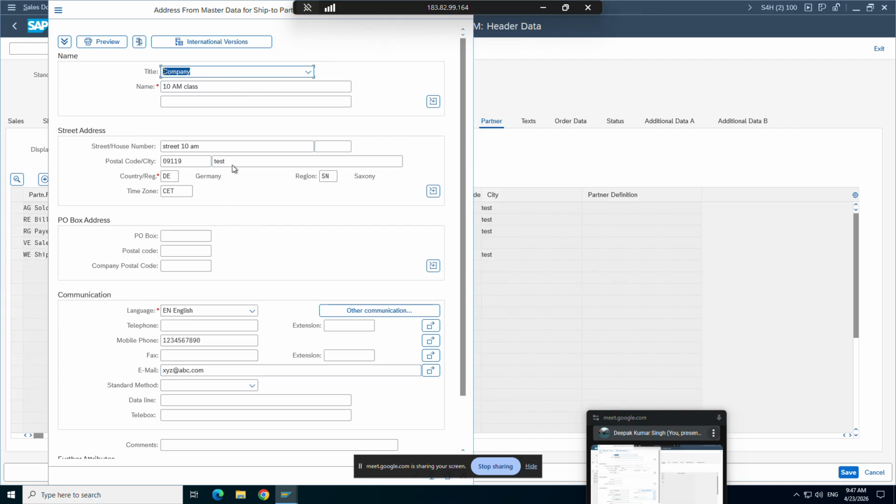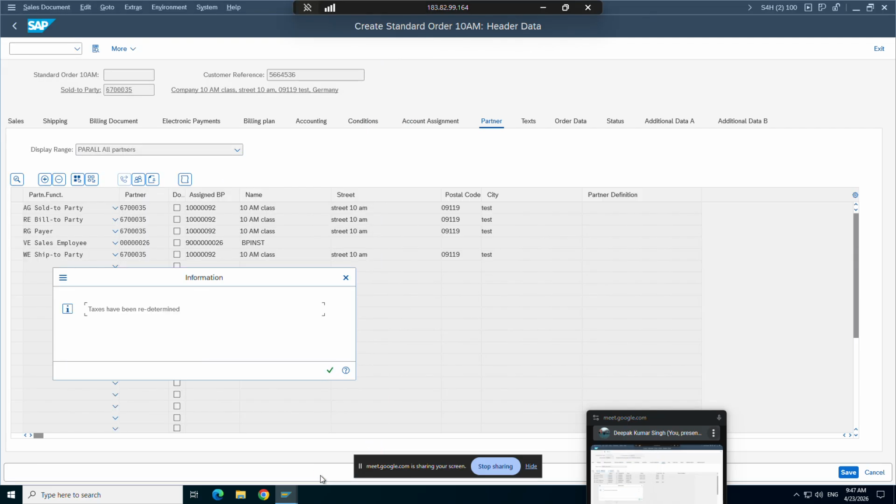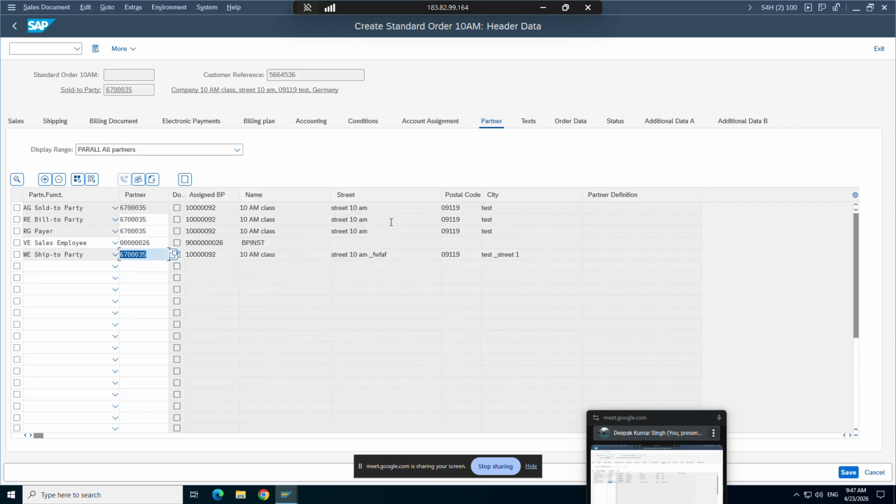Now I can maintain the new address. Let's say it's street 1, and the house number could be different. Now I'll press OK. Now you see the ship to party address is changed.